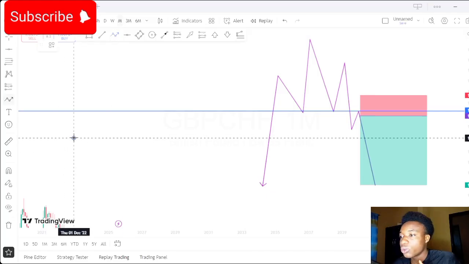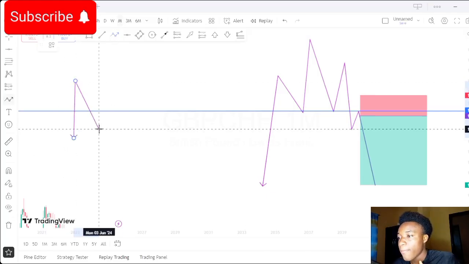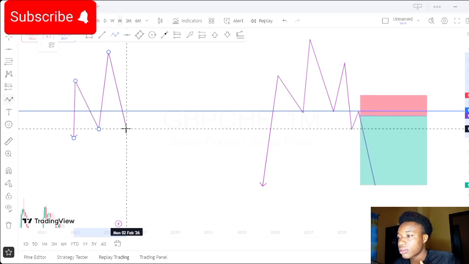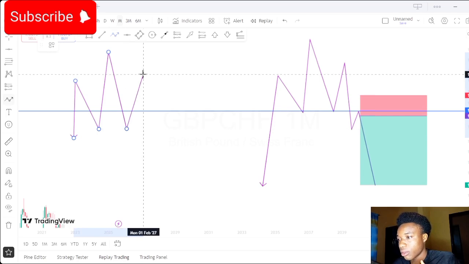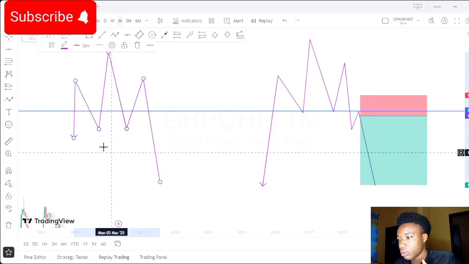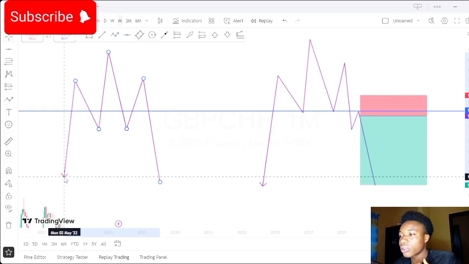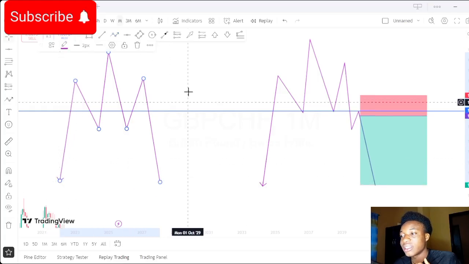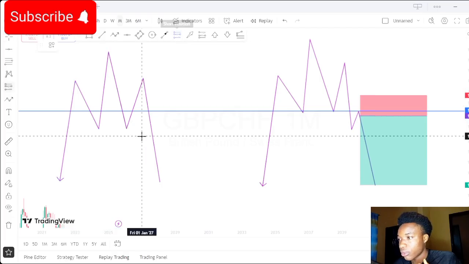There are some scenarios where the market will give you a left shoulder, a head, a right shoulder and start selling immediately without retesting the neckline.